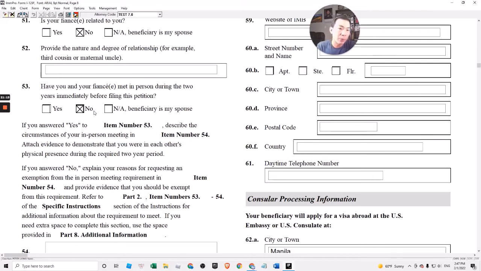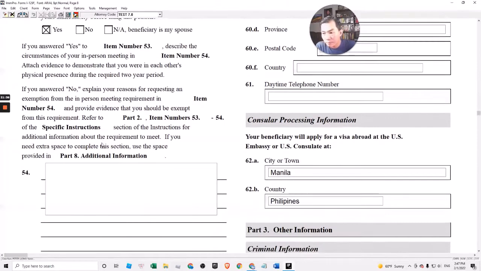Luckily, we just went through the pandemic for the last 2 years. That's one of the good reasons too. Again, this is not legal advice. You have to check with your legal professional about what statement is a good reason to put there, to convince USCIS to approve your petition despite the condition that you haven't met your fiancé in the last 2 years. For me, I check yes here.